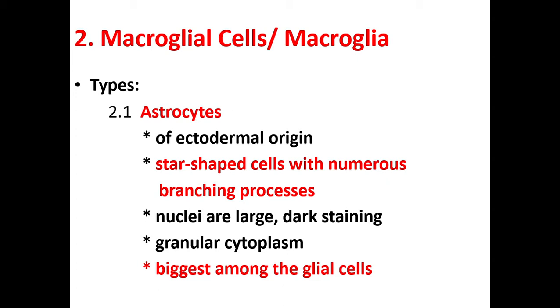The first cell is the astrocyte, the star-shaped cell with numerous branching processes. Astrocytes are of ectodermal origin. They have a large nucleus, are darkly stained with granular cytoplasm, and are considered to be the biggest among the glial cells.